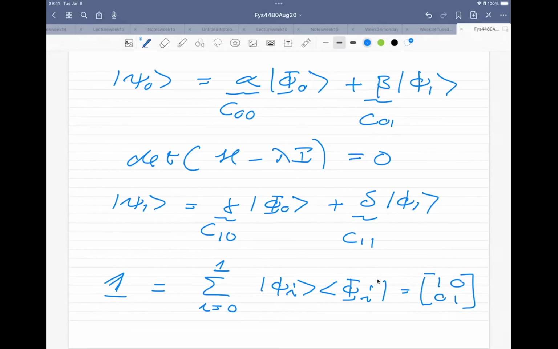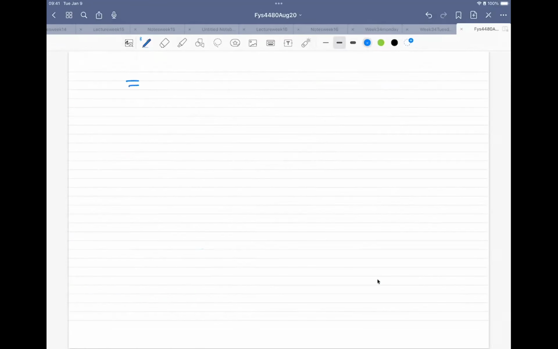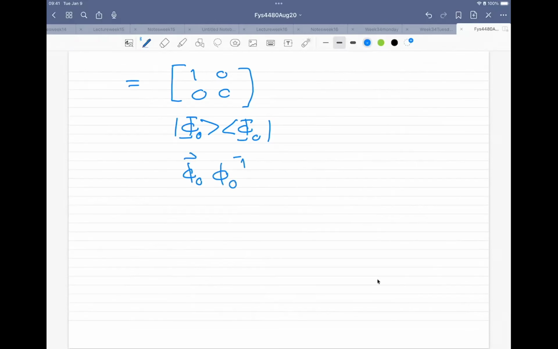So if I do this now, what you will get is 2 matrices, 1, 0, 0, which is actually this outer product. So just to remind those of you who come from a non-physics background, as vectors, this will be phi 0 vector and phi 0 transposed vector.